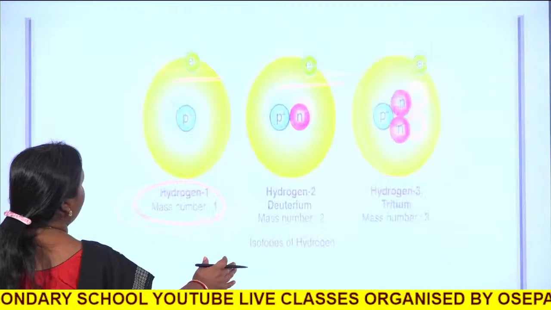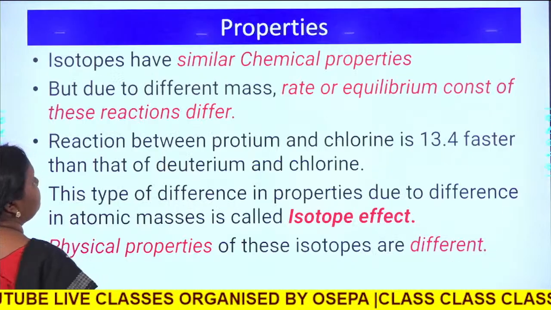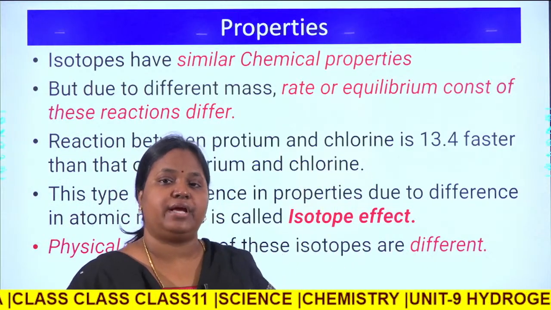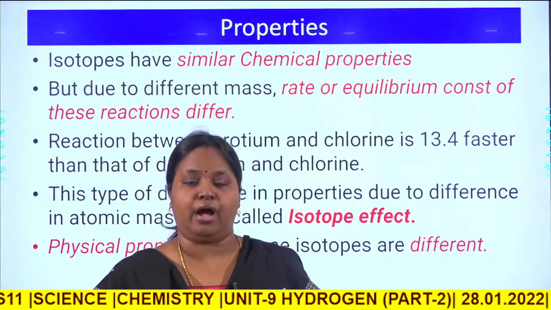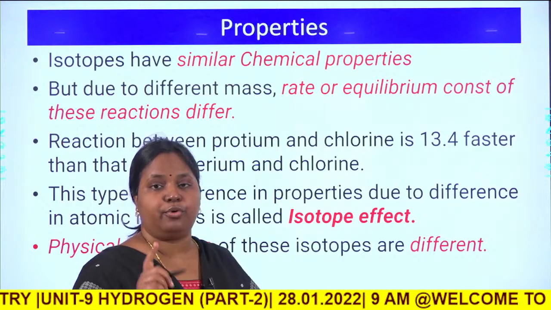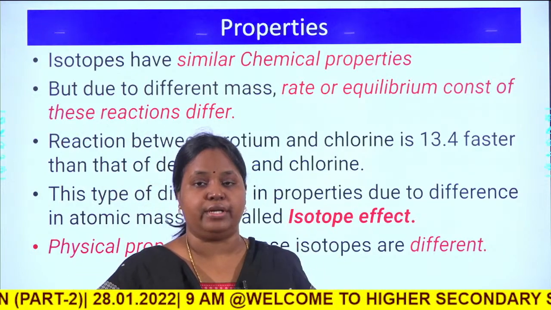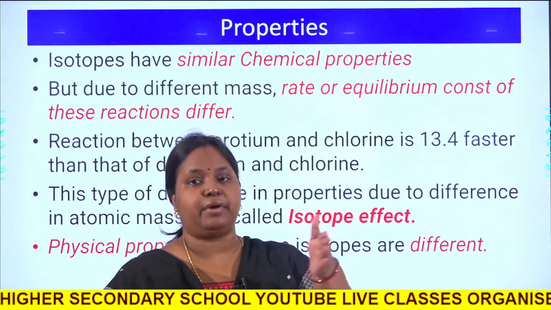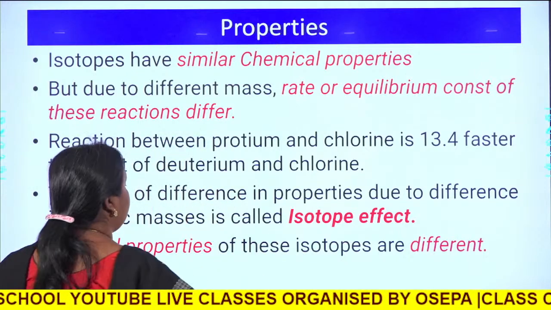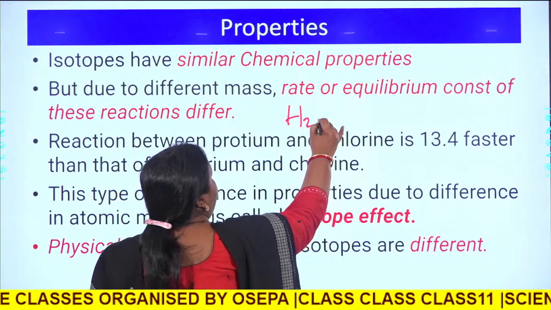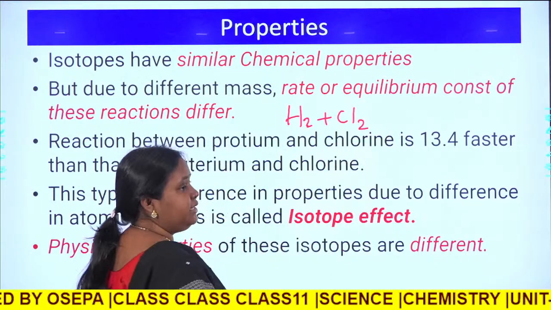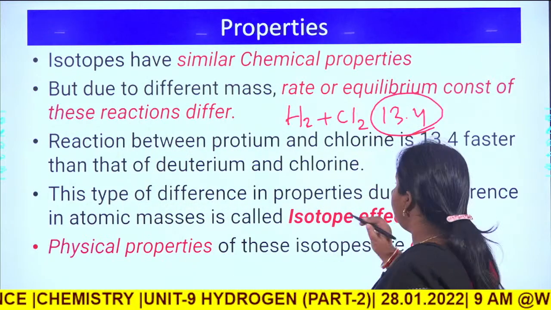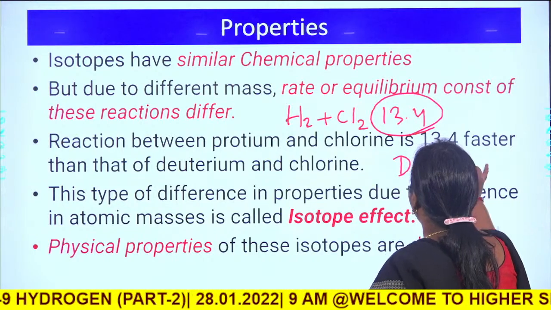The rate of reaction will differ from isotope to isotope. Rate of reaction and equilibrium you will study in more detail in second year. For example, when protium reacts with chlorine, the rate of reaction is 13.4 times faster than the reaction between deuterium and chlorine.